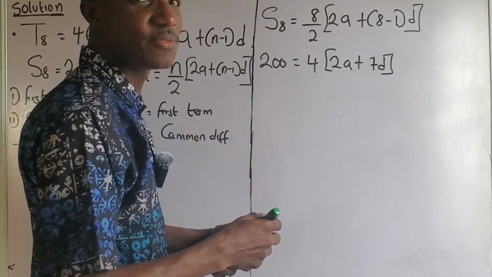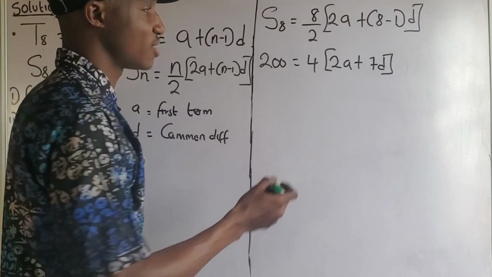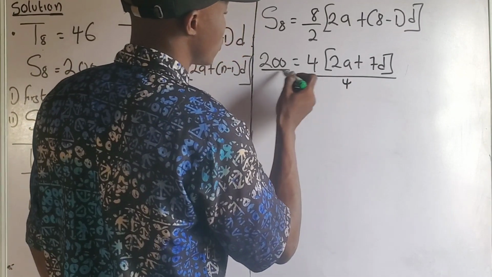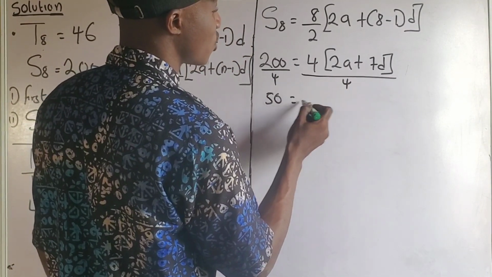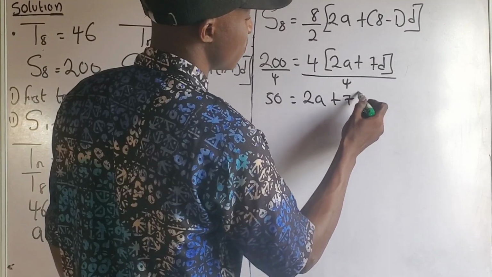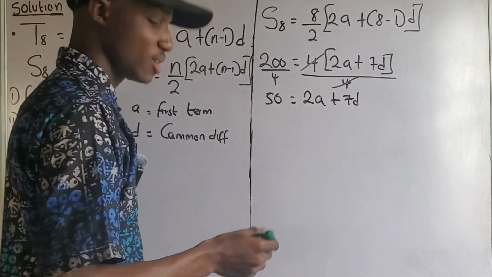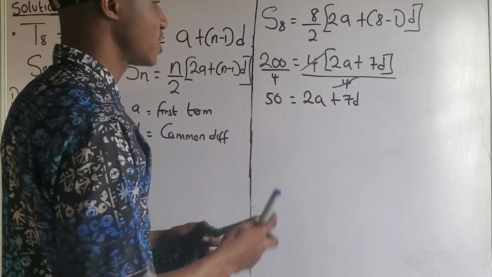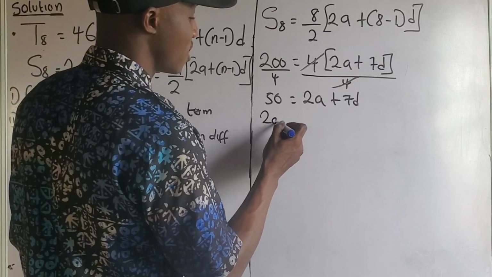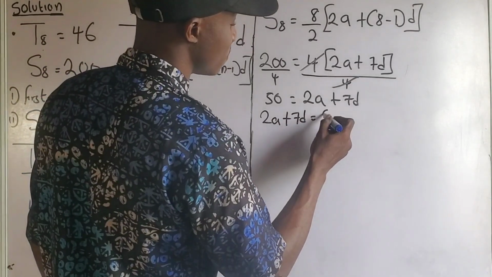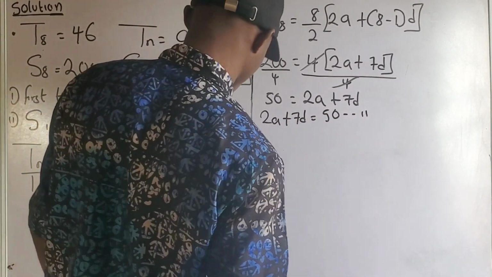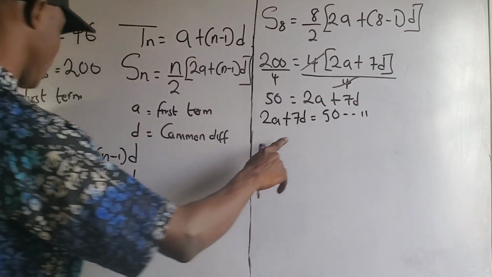From this point, we can divide both sides by 4. I'm going to have 50 equals 2a plus 7d. So 2a plus 7d equals 50. Call this one equation 2. So this is equation 1 and this is equation 2.